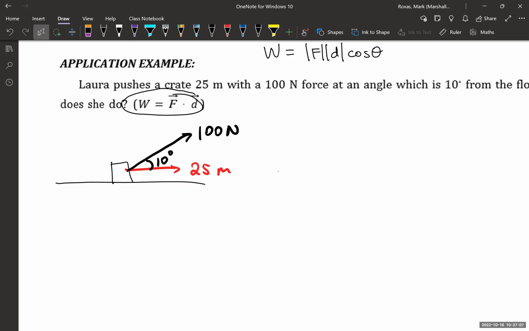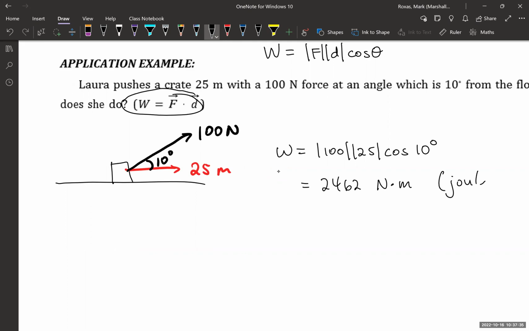So here we're going to look at work just being the magnitude of the force, 100 newtons, times the magnitude of the displacement, 25, times the cosine of the angle between the two vectors, 10 degrees. And then it's a simple calculation at this point, 100 times 25 times cosine of 10 degrees. 2,462, and we say Newton meters, or maybe it's a joule if you're familiar with that one.